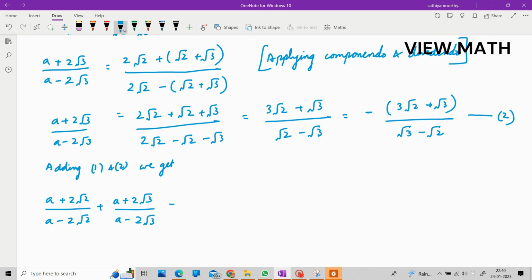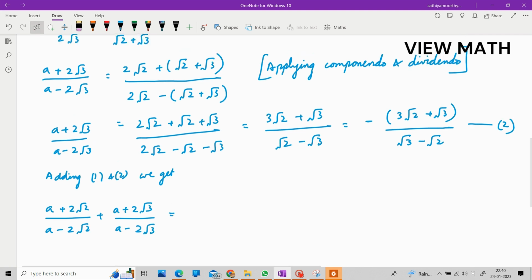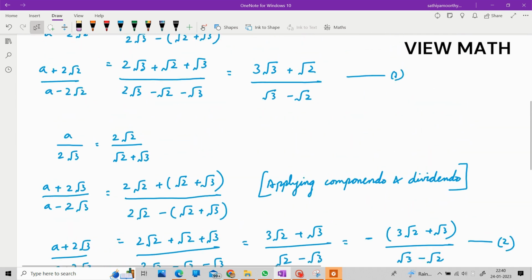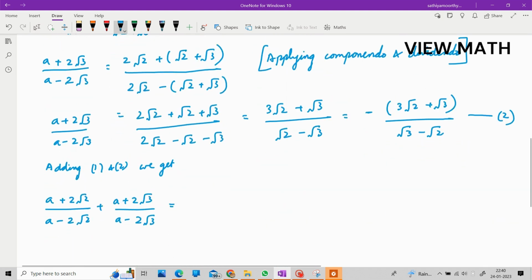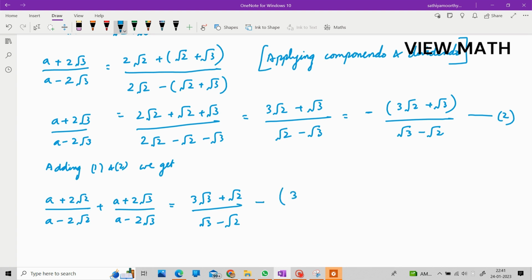So this is equal to 3 root 3 plus root 2 by root 3 minus root 2. Next plus, but here we have negative sign, so when I am adding I have to put the negative sign. 3 root 2 plus root 3 by root 3 minus root 2.